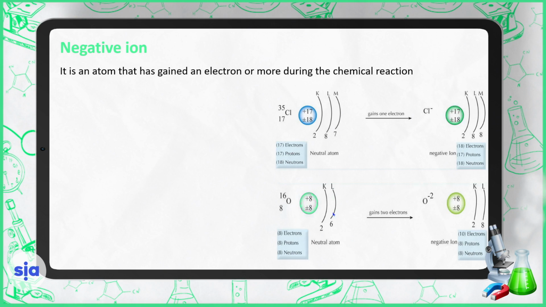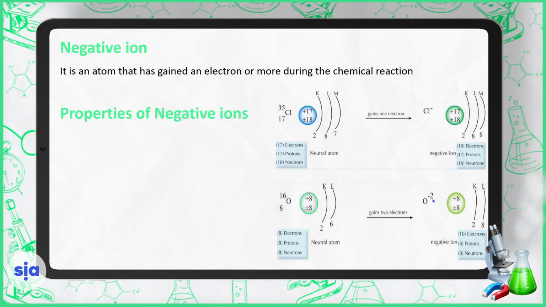Oxygen has 6 electrons in the outer energy level. During chemical reactions, oxygen gains 2 electrons for its outer energy level to be filled with 8 electrons. Let's count together. 10 electrons, 8 protons, so the electrons become more than the protons. So it's a negative ion.